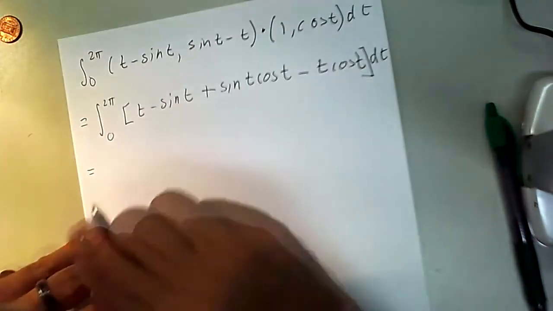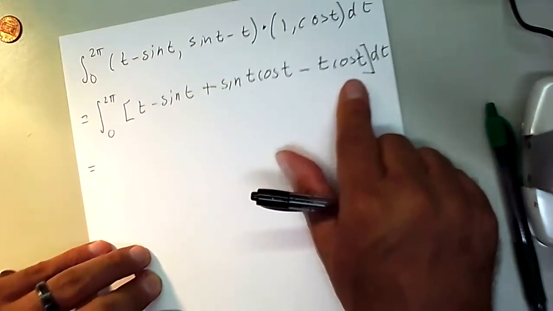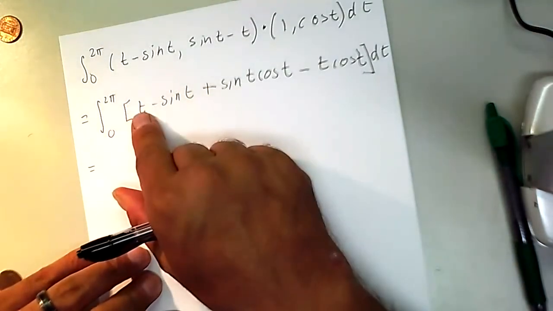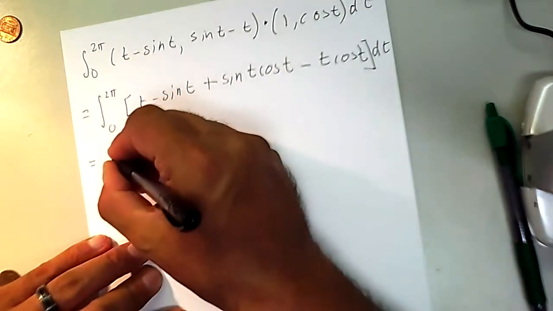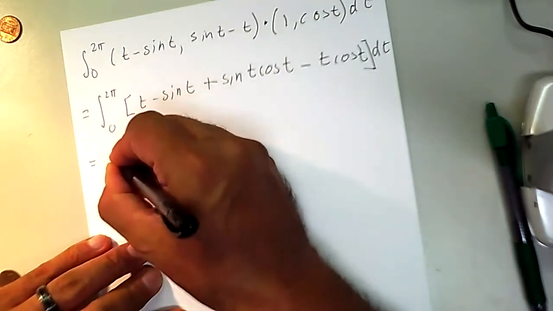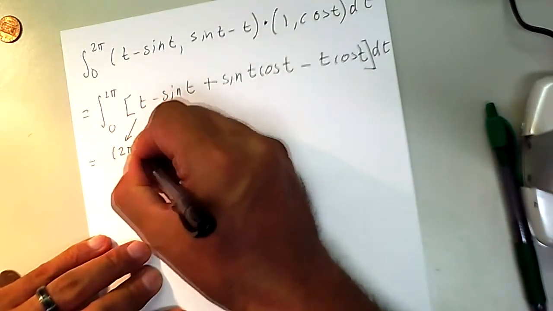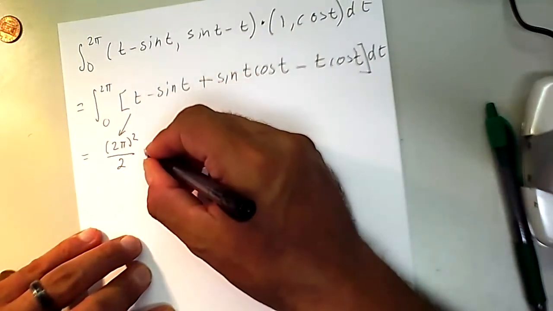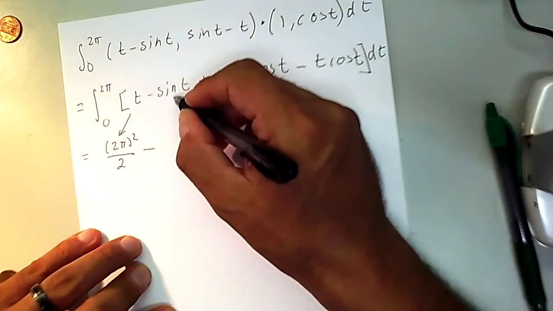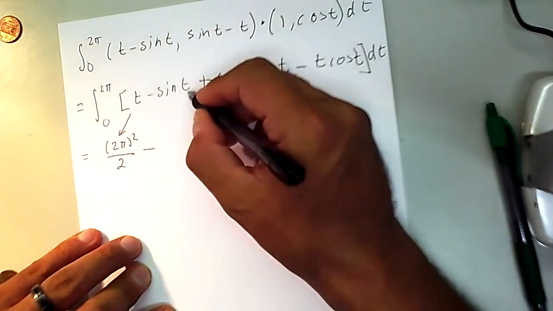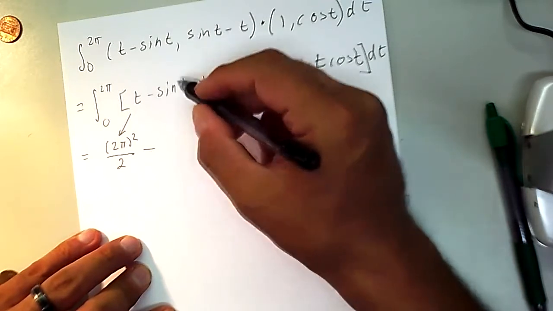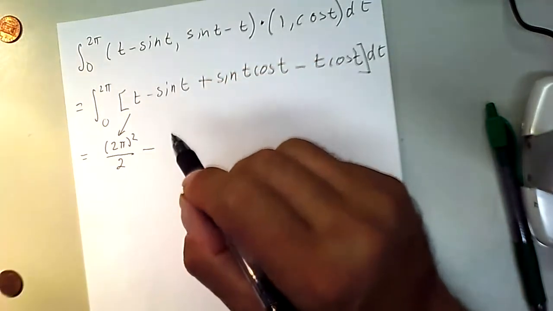All right, so now we're integrating all of this. Integral of t is easy, t squared over 2. We're going to plug in 2 pi. So this is going to give us (2 pi) squared over 2 minus 0 squared over 2. Now let's think about each one of those terms. Sine of t is really your regular sine function.